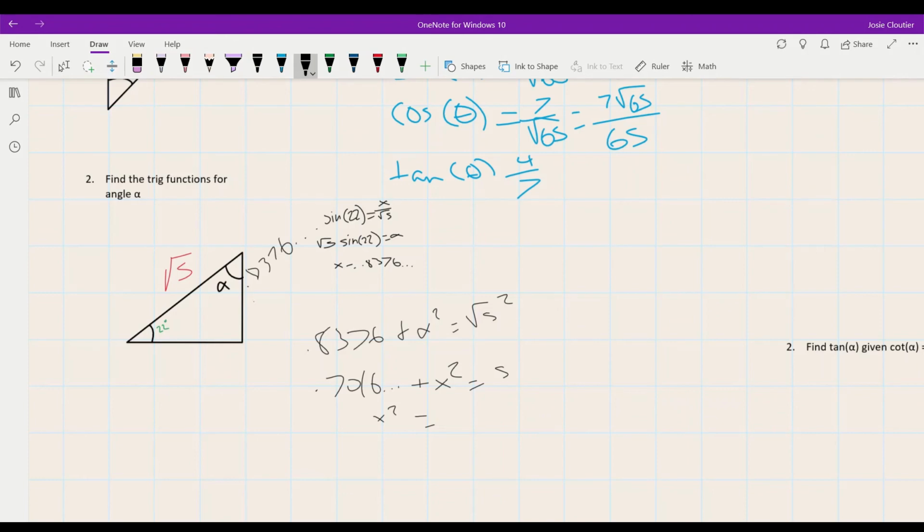X squared equals 4.298. X equals the square root of 4.298. X equals 2.073.